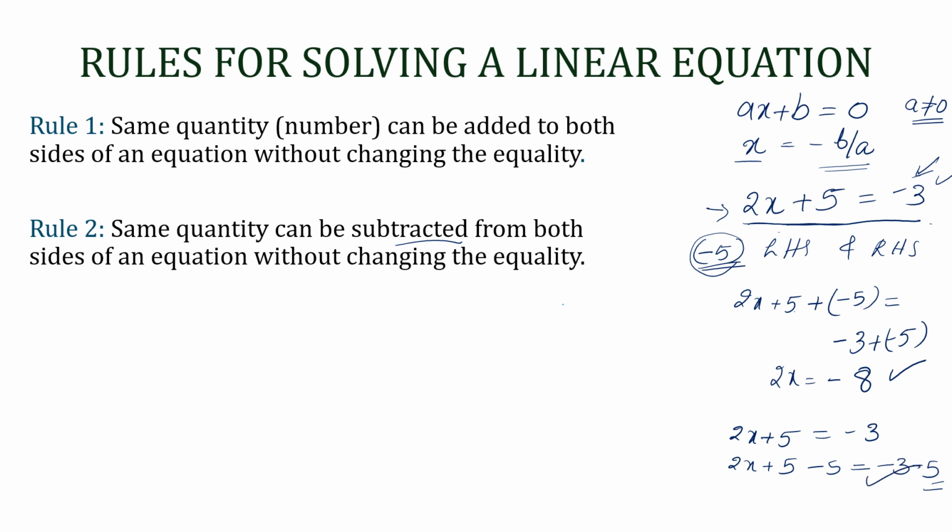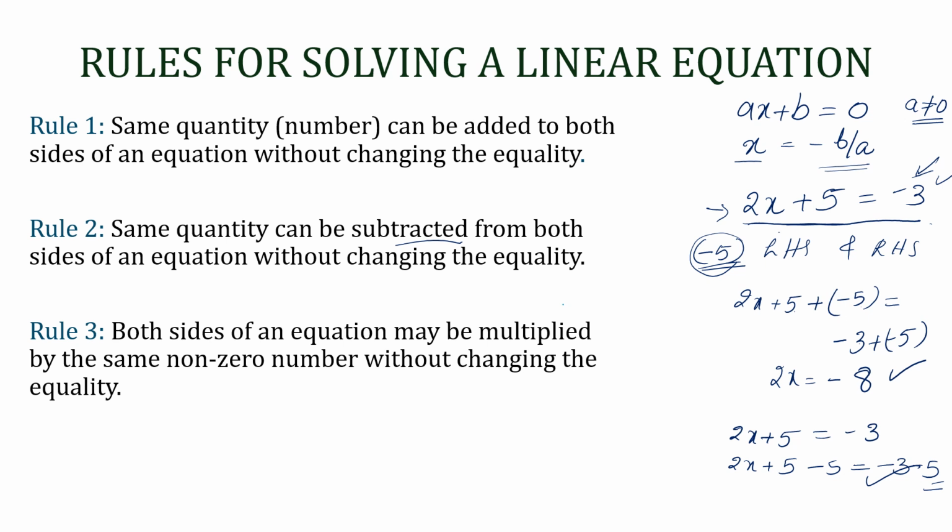Similarly, I can multiply by any non-zero number without changing the equality. Whatever number we multiply on the left hand side, the same we have to multiply on the right hand side also. Suppose we have 5x by 8 is equal to 2. I am going to multiply by 8 on both sides.